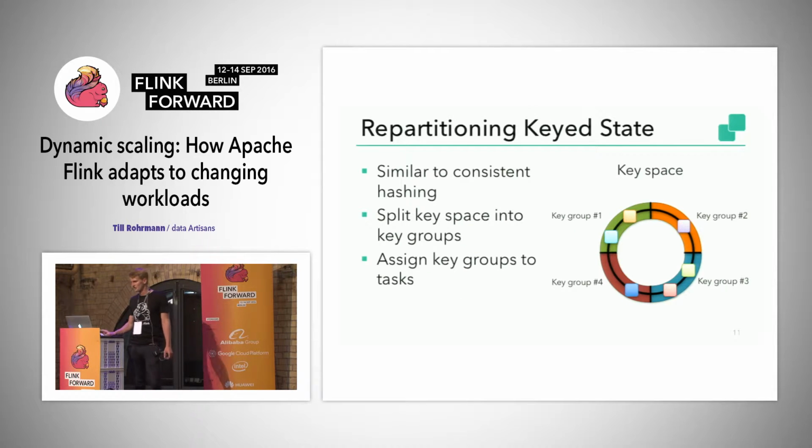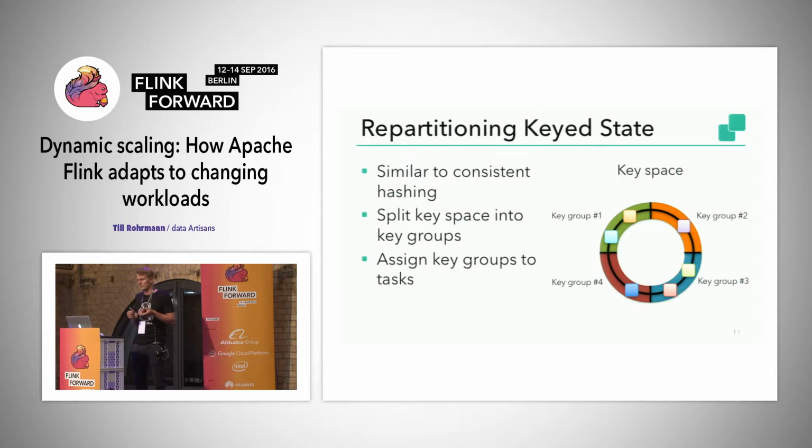Well, let's first take a look at the keyed state. The repartitioning of keyed state is similar to consistent hashing, or the basic idea, because what we do is we have the key space, and we split the key space up into several groups, such that every element maps exactly to one key group.